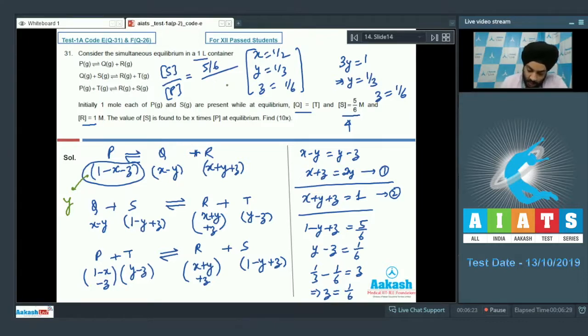So 5 by 6 upon Y, where Y is 1 by 3. If we solve this ratio, we get a value equal to 2.5. So the value of the ratio is 2.5, which implies that the value of 10X has to be 25. So students, for this question, we have to mark the answer as 25.